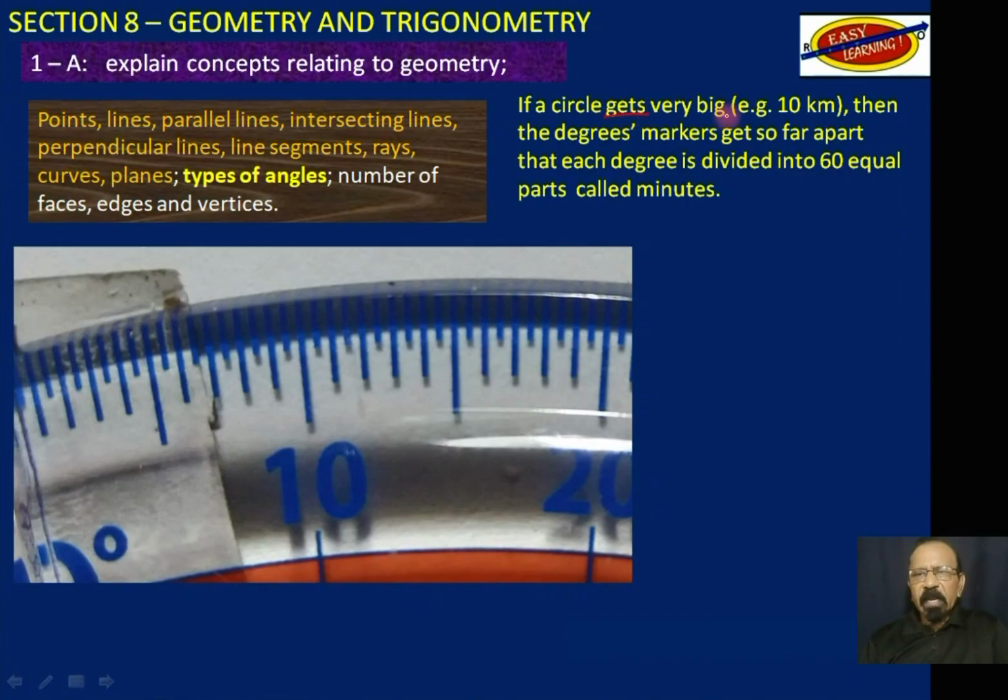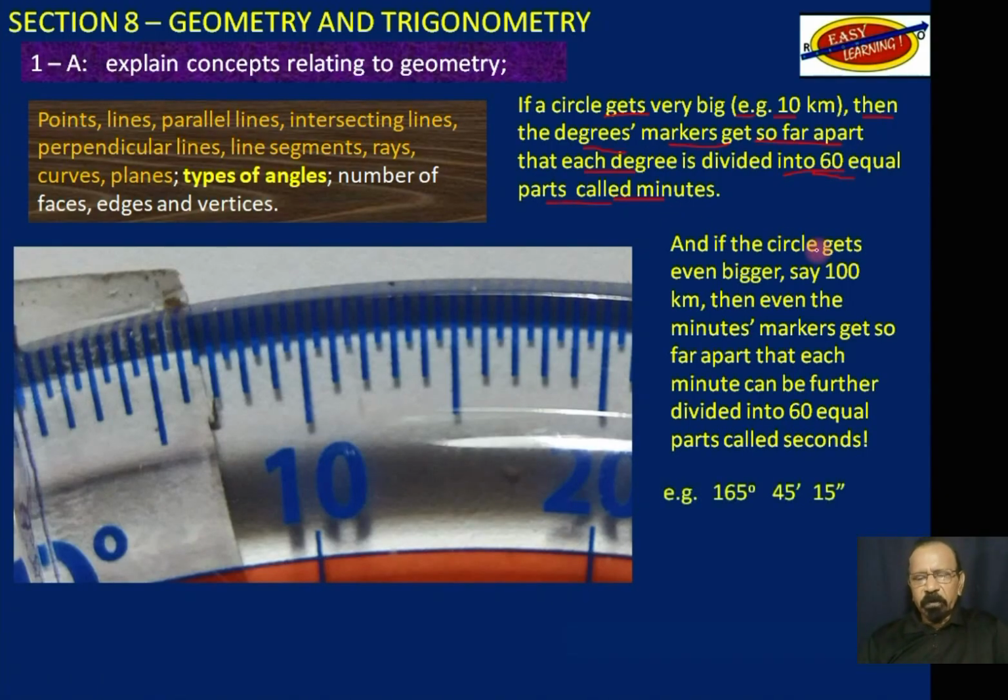Now, if a circle gets very big, example 10 kilometers, then each degree's markers get so far apart that each degree is divided into 60 equal parts called minutes. So remember I told you about those 360 directions? But if the circle is so big, you could divide the space between each direction into 60. And each of those smaller directions now will be called a minute.